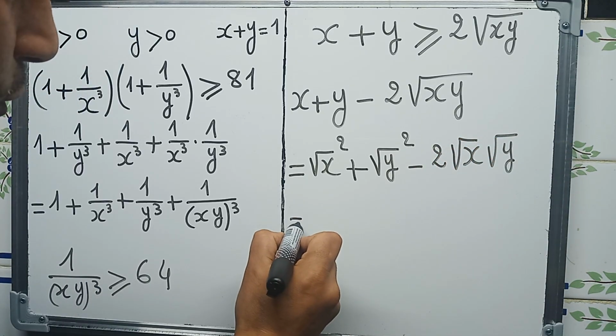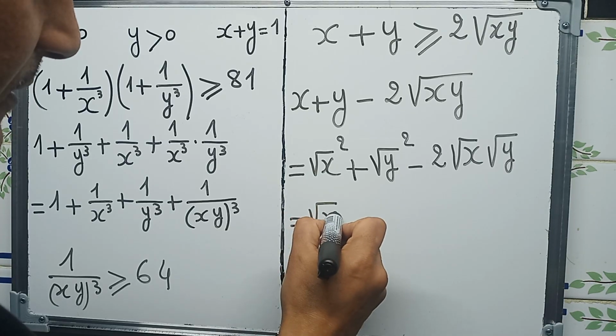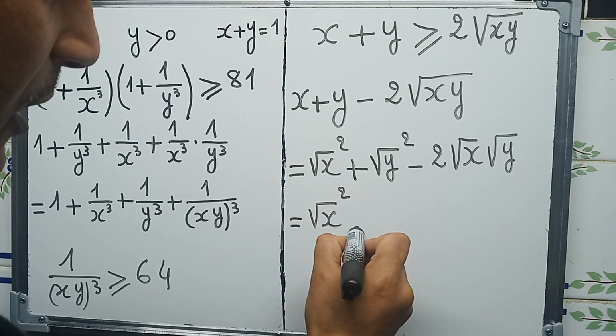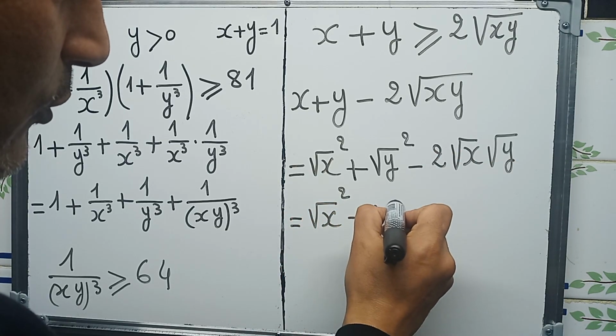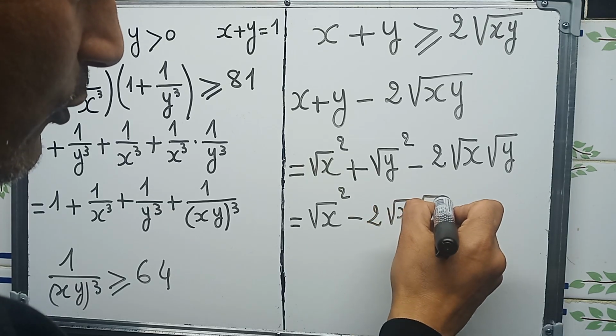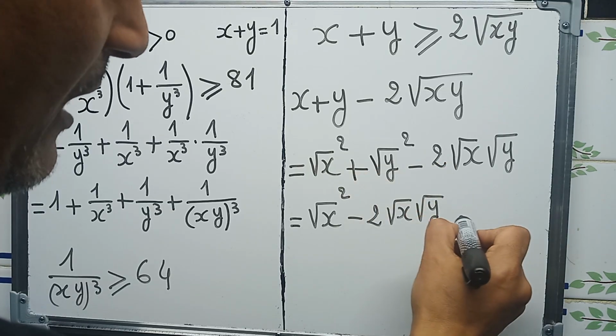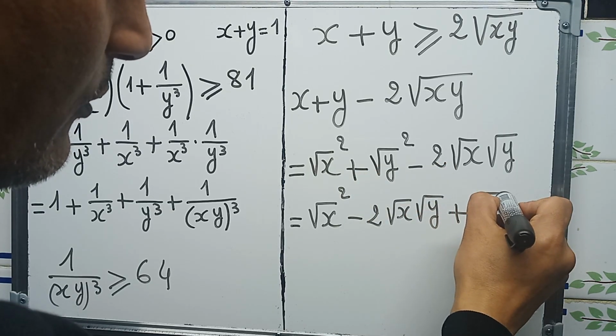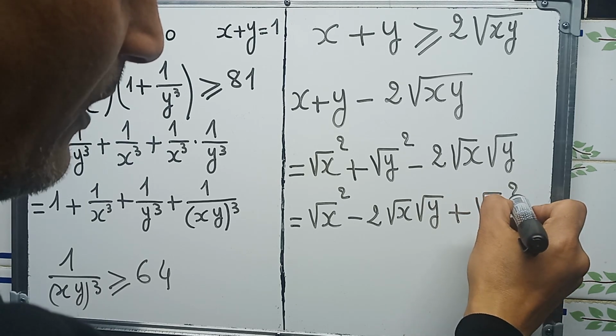And this is equal to (square root of x) squared minus 2 square root of x square root of y plus (square root of y) squared.